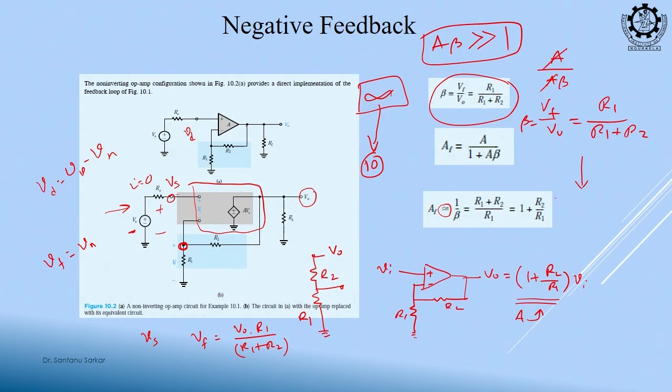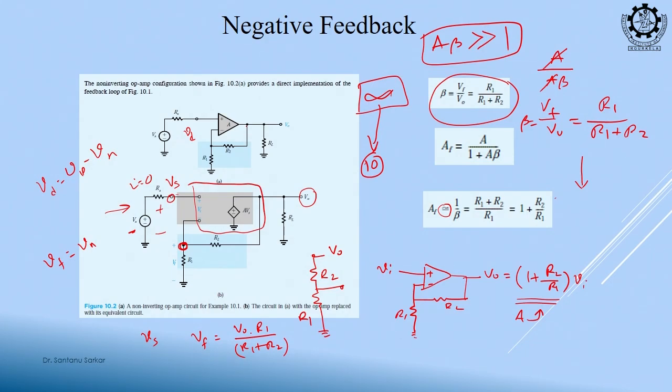Now, if you get the beta, you can put it directly in the equation. What is your equation? A by 1 plus A beta. You put it there and you can approximate, neglect 1, A gets cancelled and your gain is 1 plus R2 by R1, that you did in the op amp class actually.